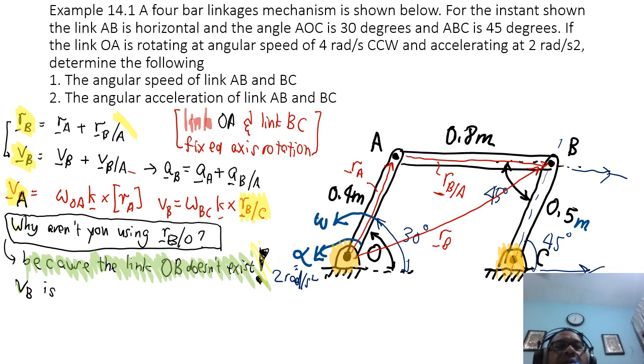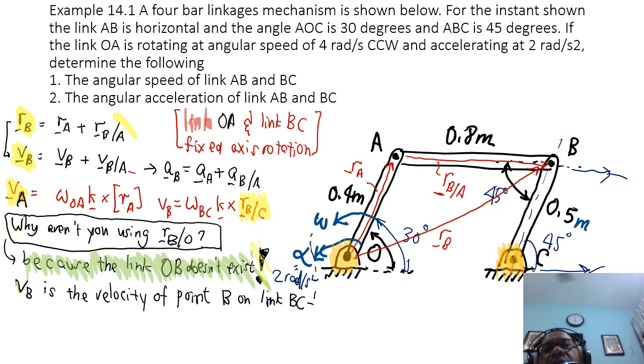And VB is the velocity of point B on link BC. See here, when I identify that point, my mind sees this point is a fixed axis rotation. I hope it will clarify to you why we don't use that.